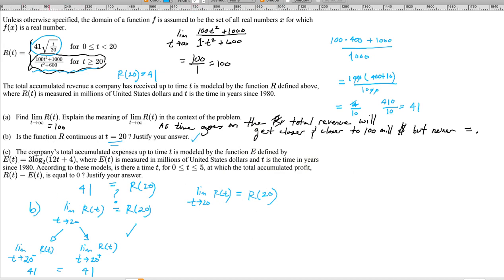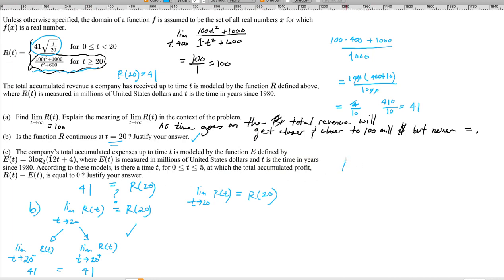Now, the last one. It's asking basically that you have its total accumulated expenses up to time t modeled by the function e defined by this here. And what we have here is that they want to know, if this is the expense function, and we have our revenue function right here, about the total accumulated profit.